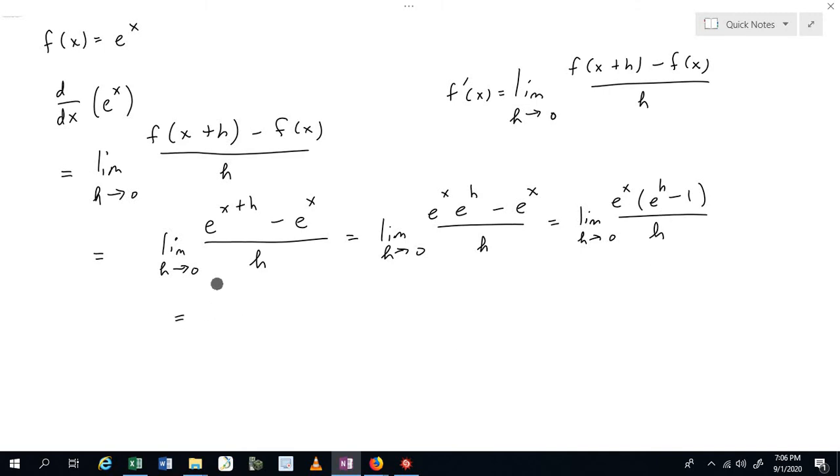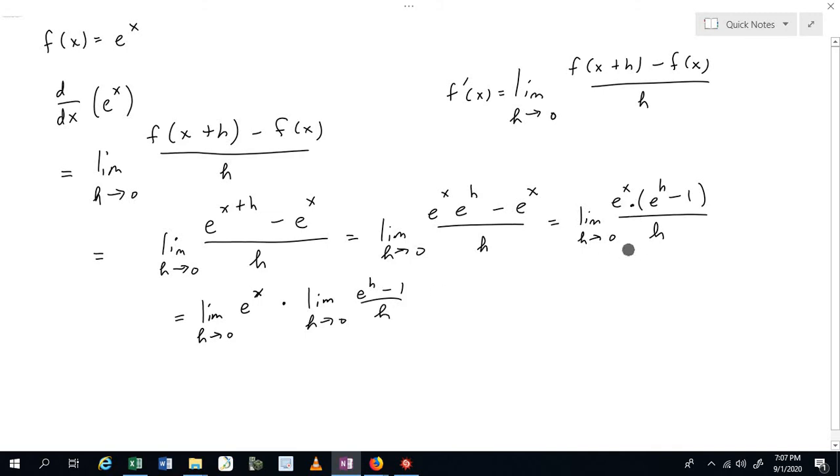Now it turns out one of the properties of limits says that we can find this limit by finding the limit of e to the x first, and then multiplying it by the limit of e to the h minus 1 over h.